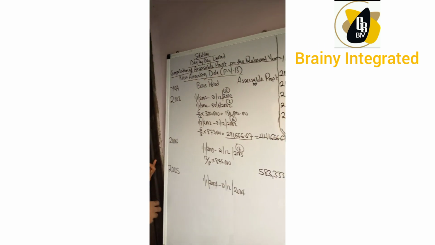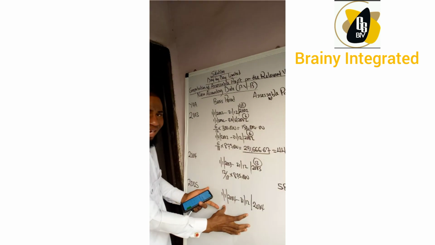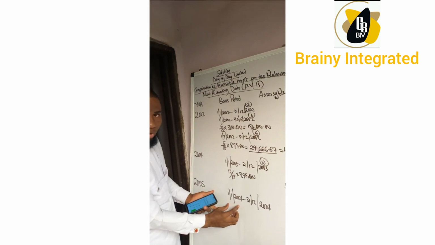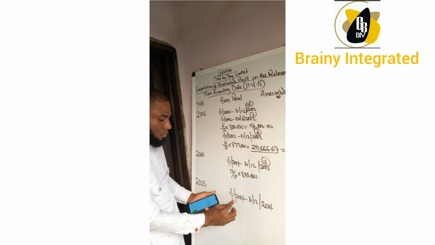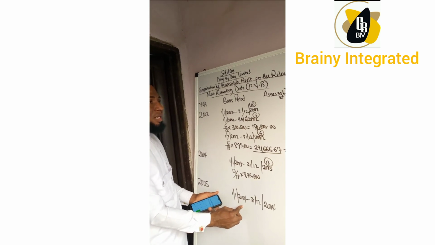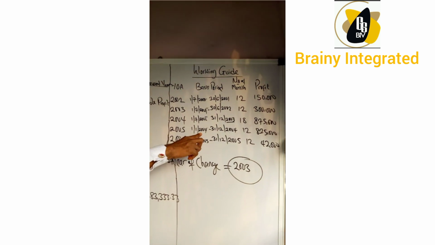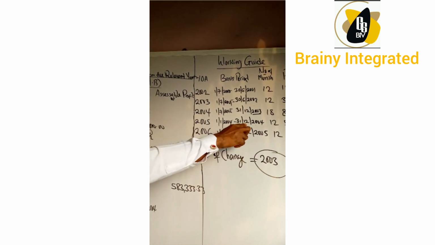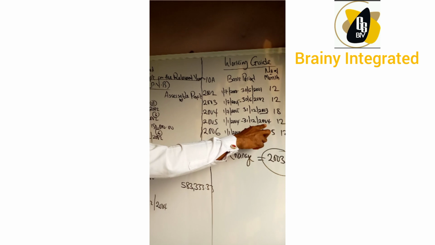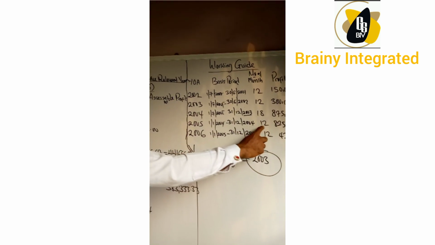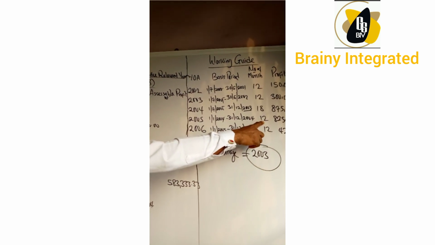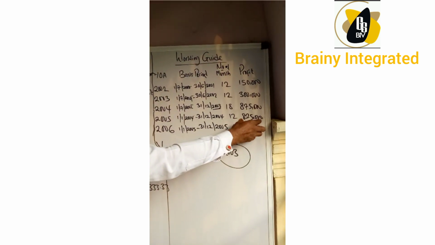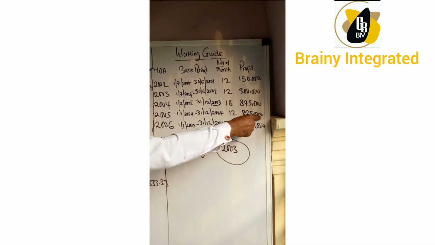So the next line of action is, where can I find this basis period? 1/1/2004 on the working guide. 2004, I can find it here, 1/1/2004 to 31st December 2004. And that's exactly 12 months, and we are looking for 12 months. So I'm just going to pick the whole of these adjusted profits as the assessable profits.